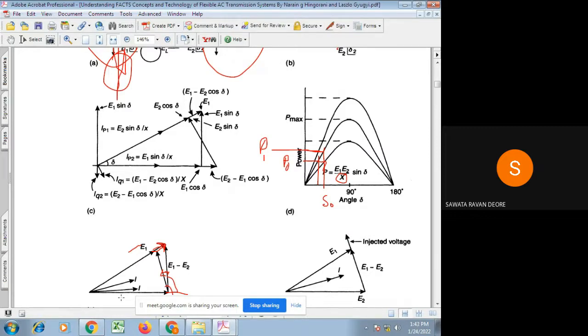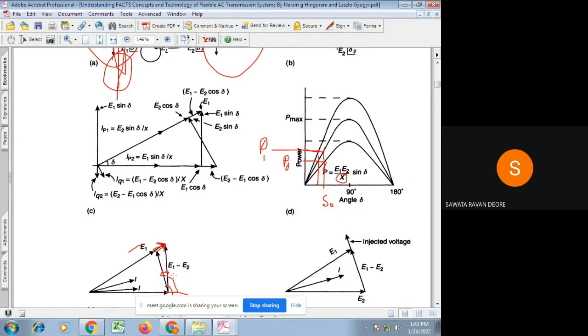Real power flow is not much affected, because the change in the magnitude of current is small, as there is not much change in the voltage drop across the line. Only the phase angle of that voltage changes significantly, and because of that the current phase angle changes significantly, and so the reactive power flow changes significantly.